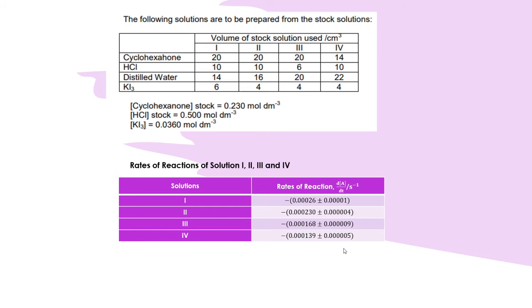0.000139. Now what I want you to discuss is: what does it say about the rates of reaction with respect to the trial that you have, the volume of the stock solution?